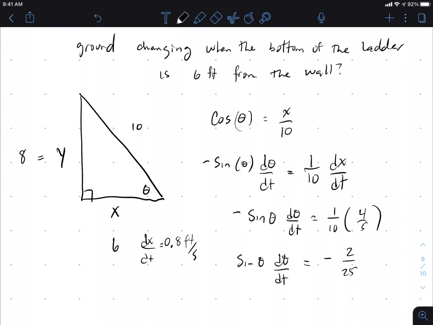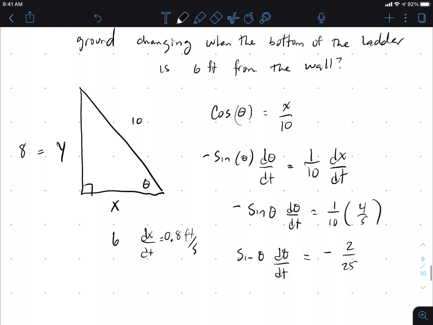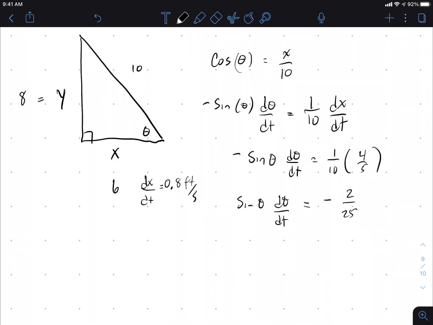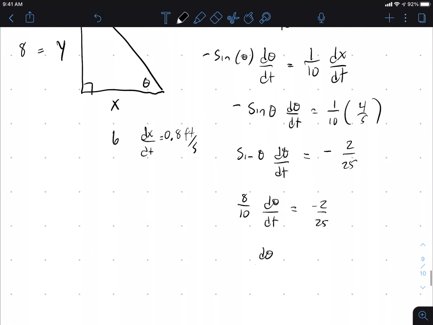It's opposite over hypotenuse, correct? So opposite over hypotenuse is going to be 8/10. And then d theta/dt should be the reciprocal of that.